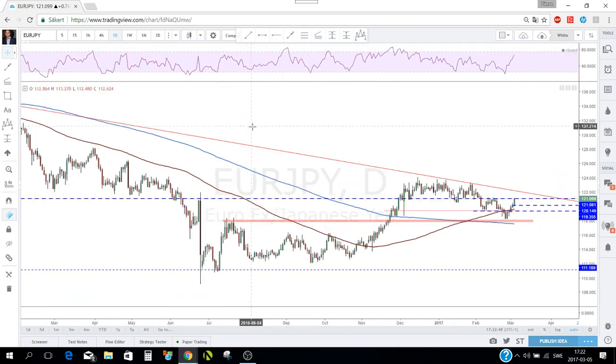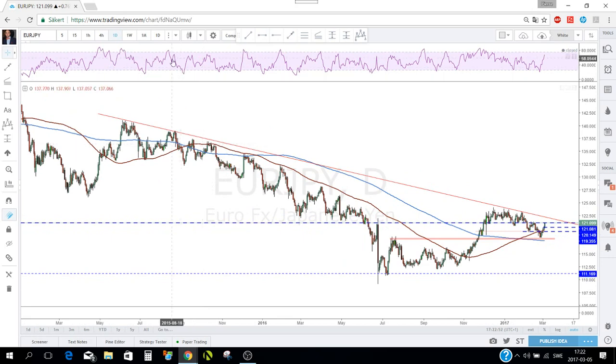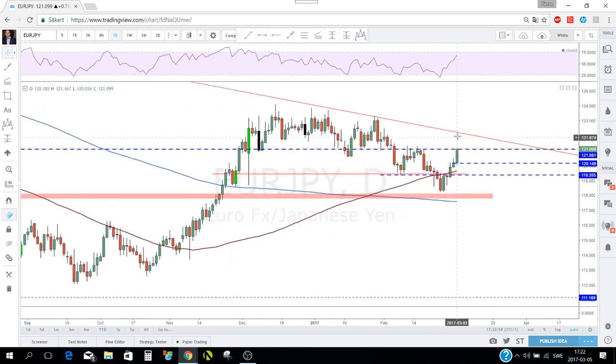We also have this major trend line coming from back up here that was respected many times up here. So I will not be surprised if we break this level, that price may find some trouble at this trend line.